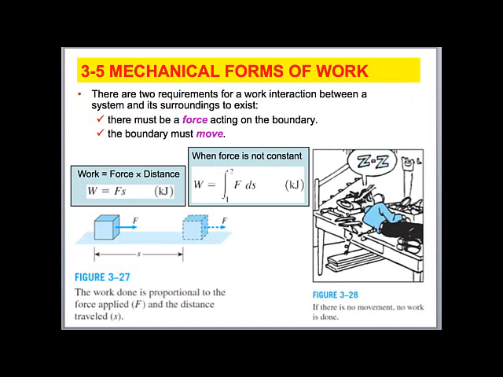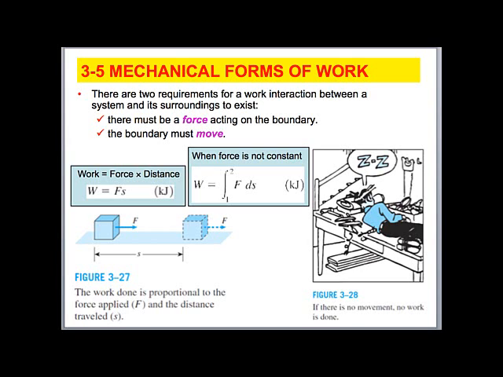Another type of work, and the one that we'll be talking about a lot, is a force that moves a certain distance. The force must be acting on the boundary, and the boundary must move when we're talking about this type of work. You see Dagwood laying down there?